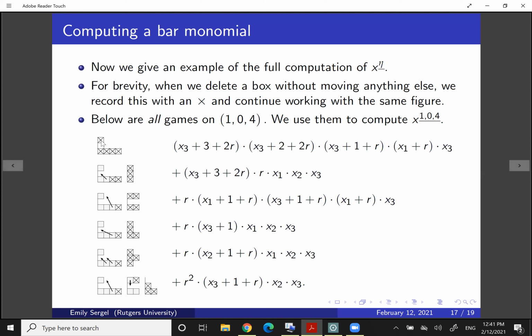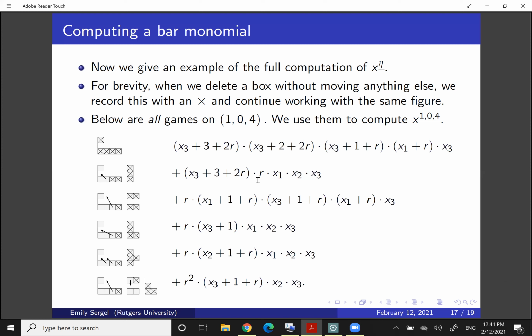And 1 time I delete a box from row 1, that's going to give me an x1. All the other guys have some r factors which bring the degree down. So it's easy to see from looking at it that it satisfies one of the 2 conditions for being a bar monomial, namely the top degree term is what it should be.